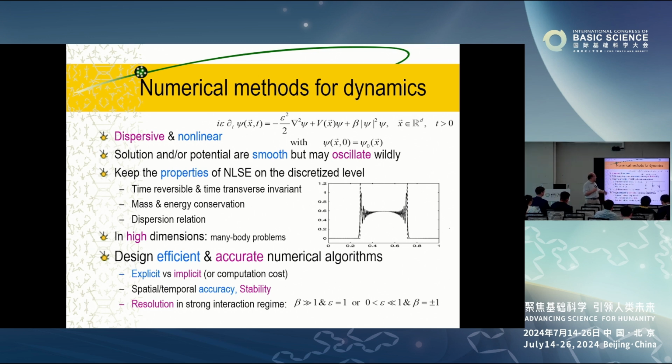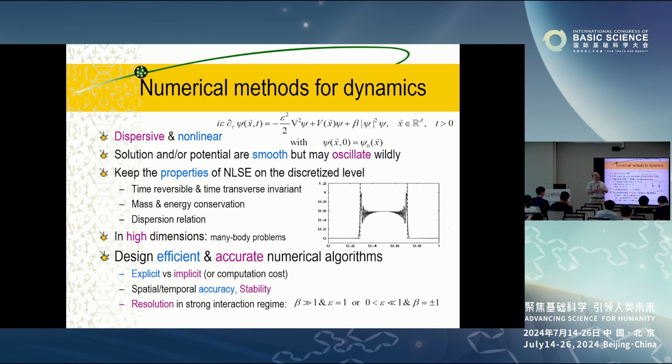Okay. Of course, for this one dimension, no potential, with simple initial data, there are some very nice phenomena. Of course, in many applications, V could be very special, normally like a Gaussian, with different initial data. So people study how to design efficient and accurate numerical methods to solve this problem. The problem is dispersive and nonlinear.